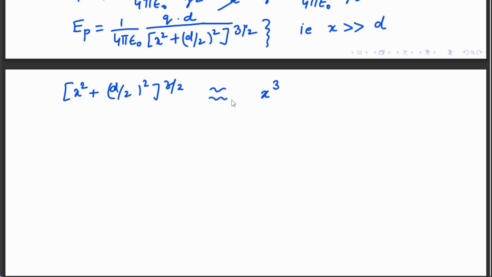Substituting, or rather taking this approximation in the above expression, we get E of P equal to 1 by 4 pi epsilon naught Q times D, which is equal to the dipole moment P. So therefore, P divided by x cube.